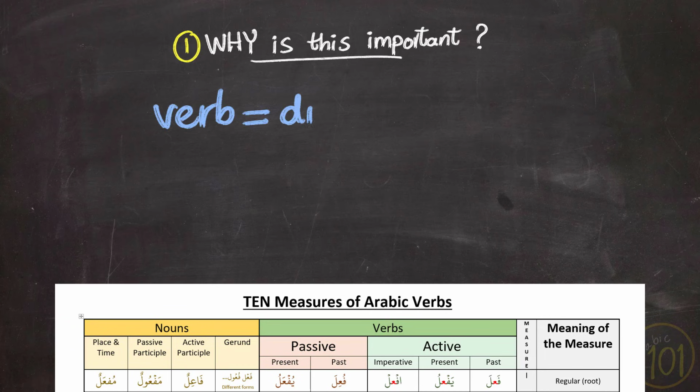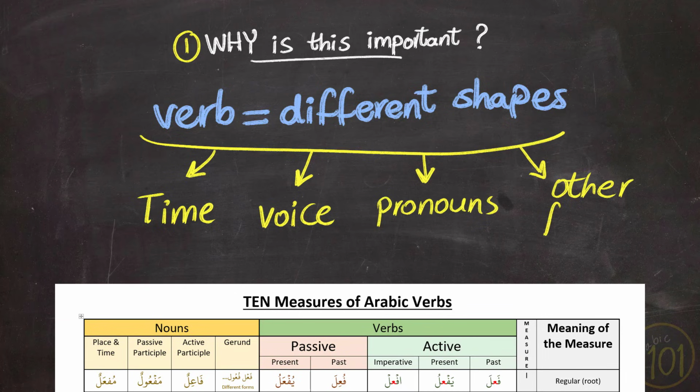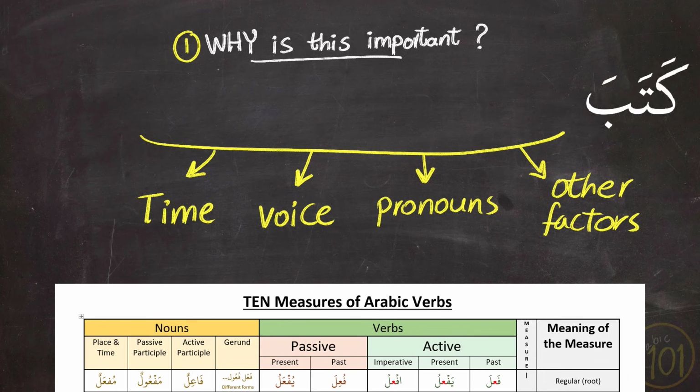Well, a single verb in Arabic can come in different shapes and forms, depending on the time, the voice, and which pronoun is used with it, and many other factors. Like for example, the verb kataba.